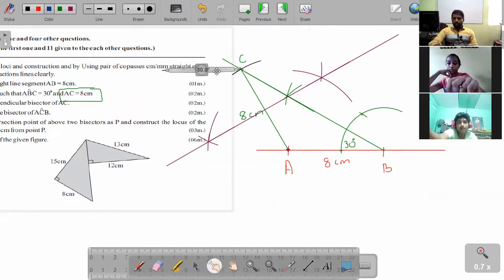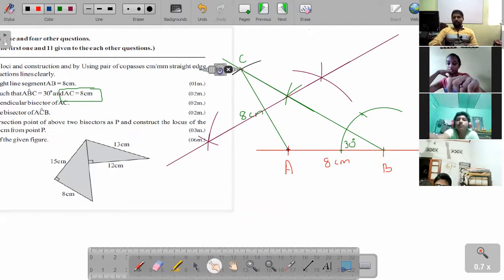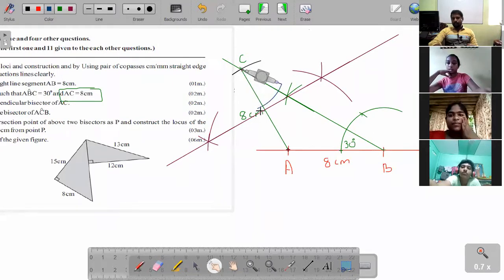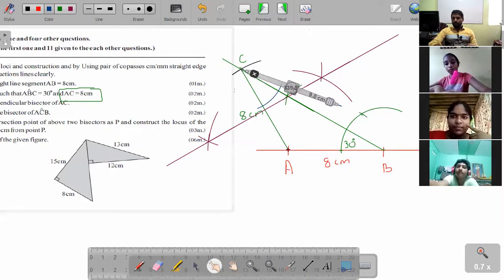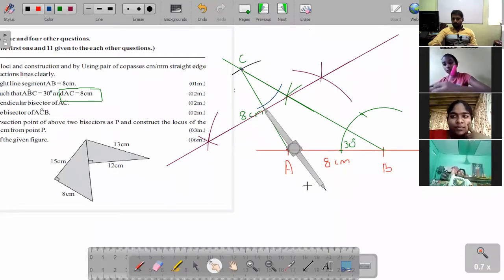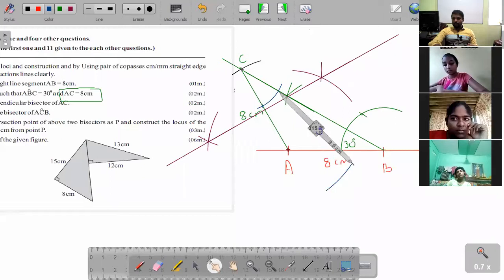We have to keep the metal point at C, then you keep the distance, then the 2 positions you have to intersect like this arc, right? These 2 arms intersect this position and this position. Then you can take any distance of your compass, keep the metal point here, then you draw an arc, again keep the metal point here, you intersect the previous arc.